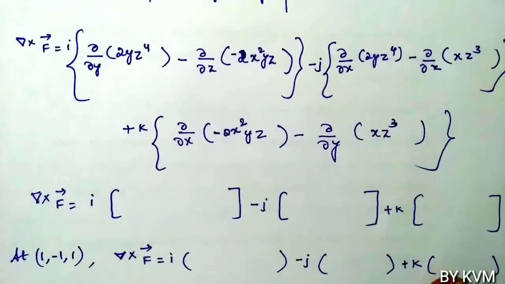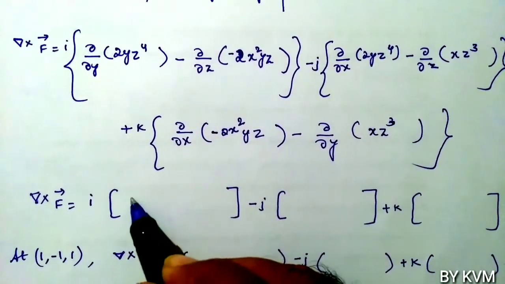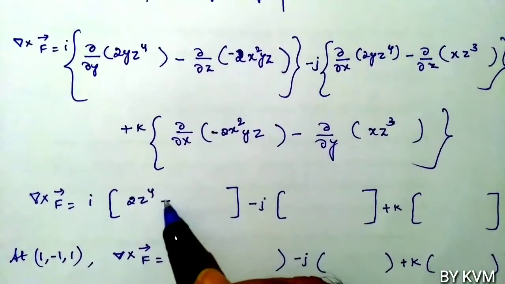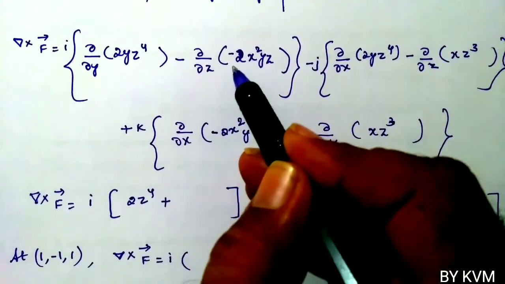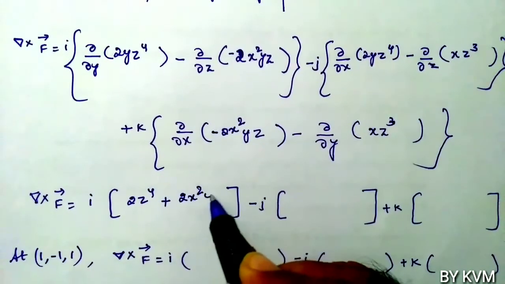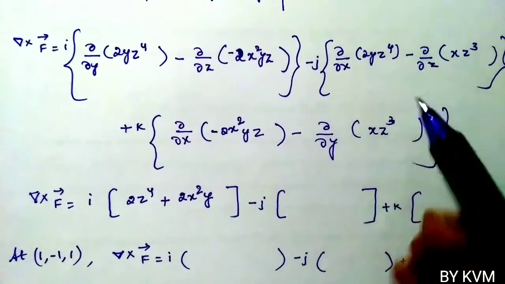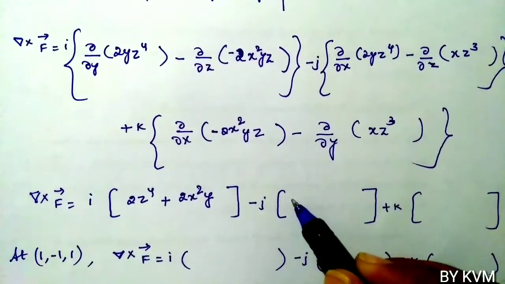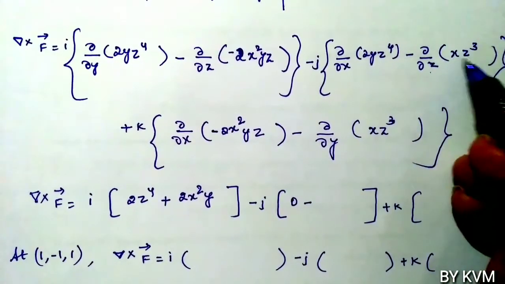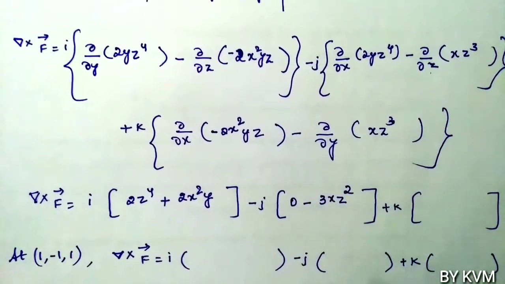Now simplify further. So i into ∂/∂y of 2y z power 4, so 2z power 4, plus, minus into minus, ∂/∂z of 2x square yz, so 2x square y. Minus j times ∂/∂x of 2y z power 4, so that is 0, minus ∂/∂z of x z cube, 3x z square.